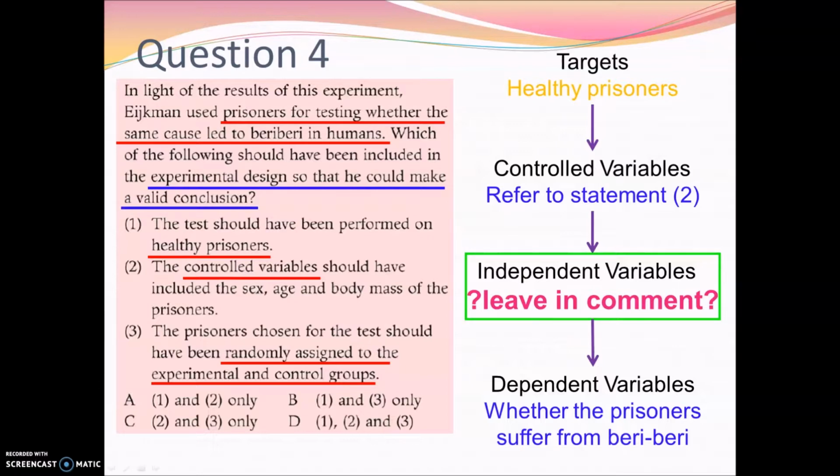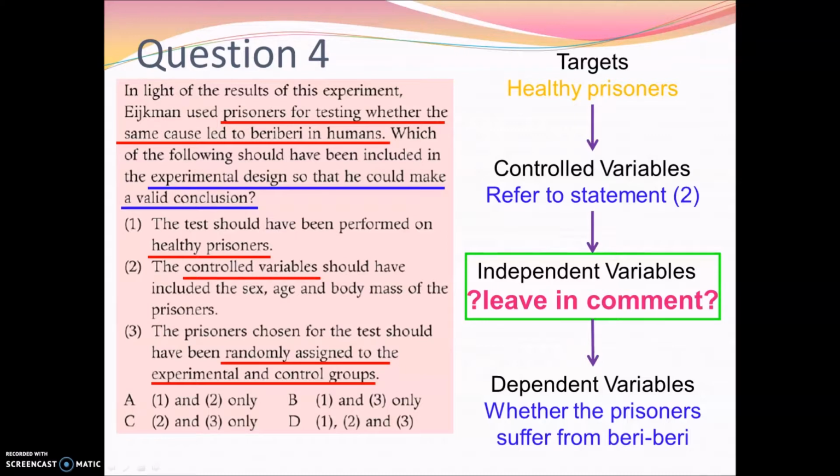that may cause our result to be challenged. Someone may say that the cause of the beriberi may not be the result we are expecting, or the cause of the beriberi may be due to the gender, may be due to the age, if we cannot keep them constant.